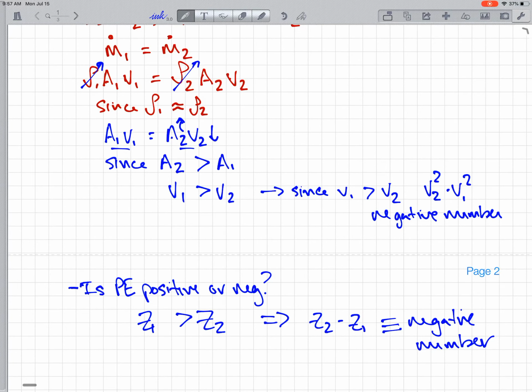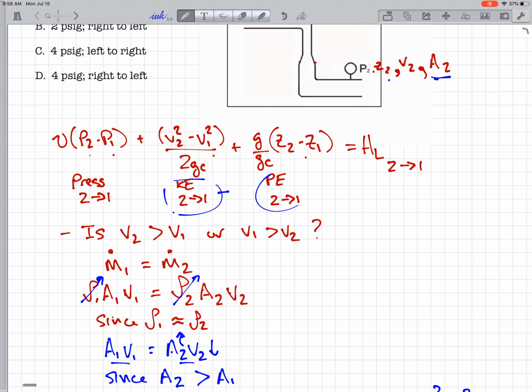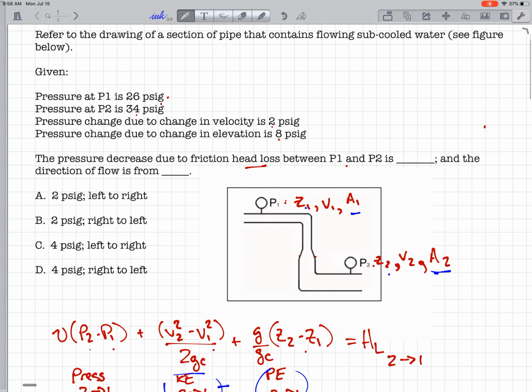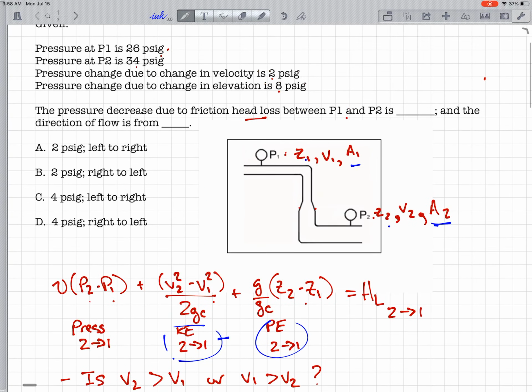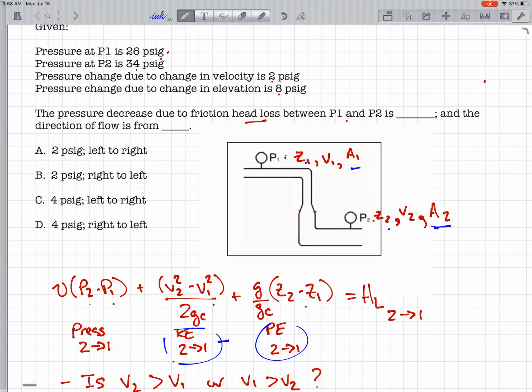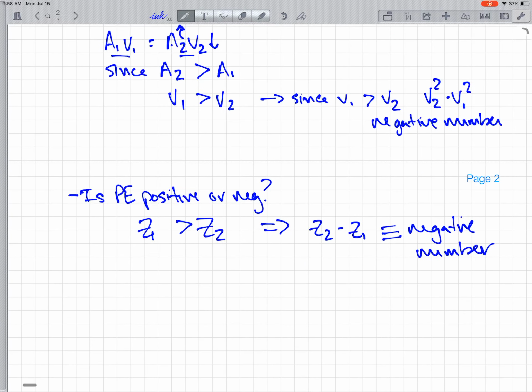So we're going to get a negative number for kinetic energy, a negative number for potential energy, and they've given us all of this information. Pressure at P2 is 34, pressure at P1 is 26 psig.